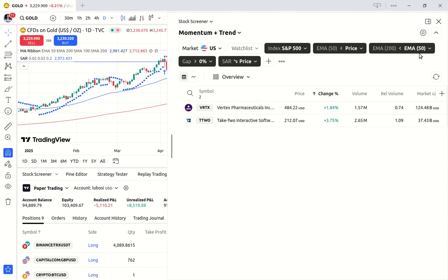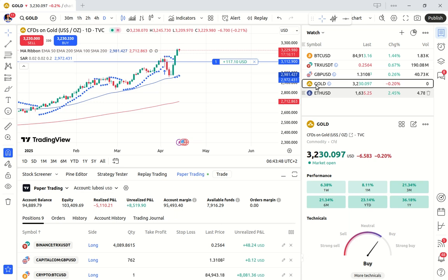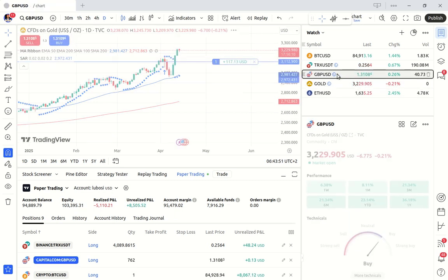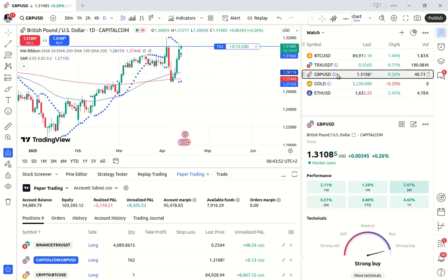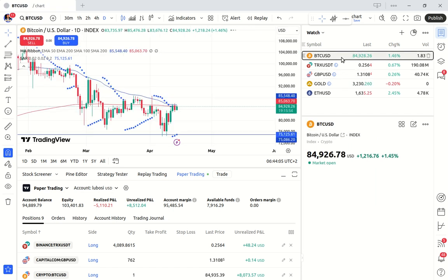So let's just keep watching the trades that we made, like this one that we made today, and we can watch it. Okay, Bitcoin is doing very well. We had a reversal like three days ago, and it's doing very, very well.